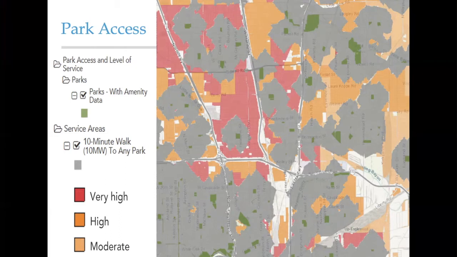Besides the spatial data that you can see here as an example, there's also ways to produce reports about this. So if you were looking at a specific park, you can find out the demographics of the area that's served by that park. Again, this will be in the demo and you can explore it further on your own as well. But this is an element of the Greenprint that we think has a lot of impact.